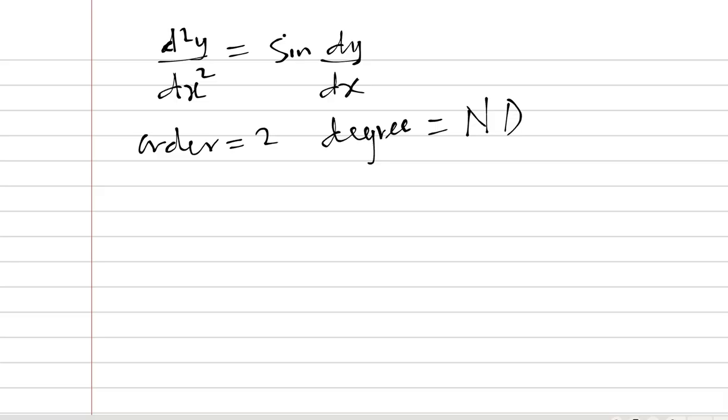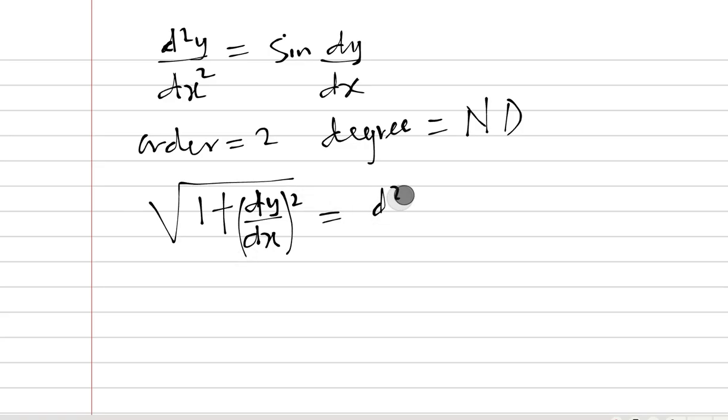Now let's look at another example. Look at this one now. You have the square root of 1 plus d²y/dx², 1 plus dy/dx, all squared, equal to d²y/dx².